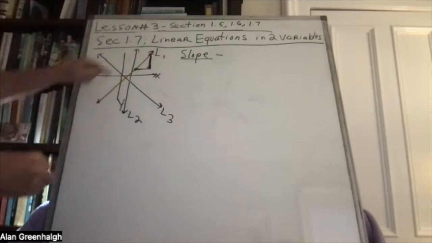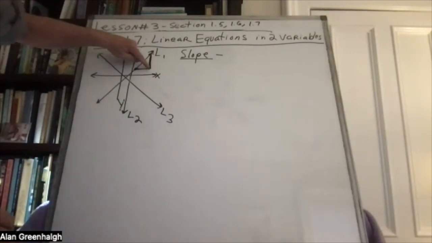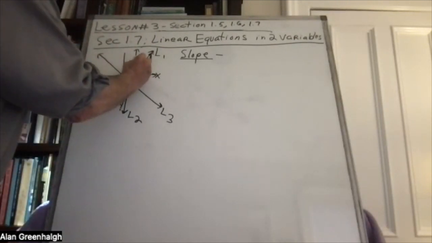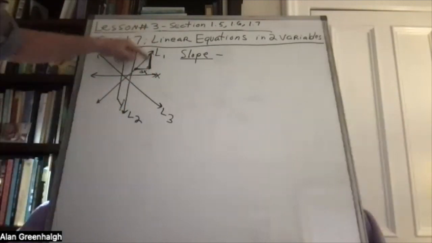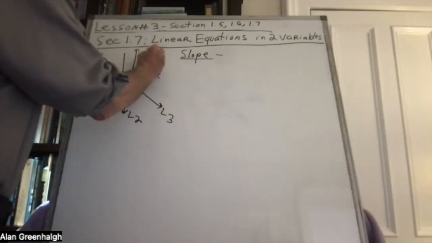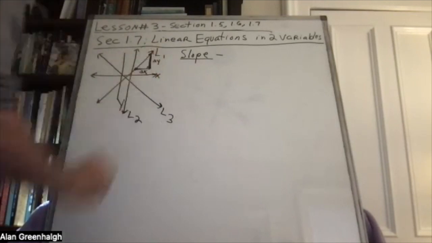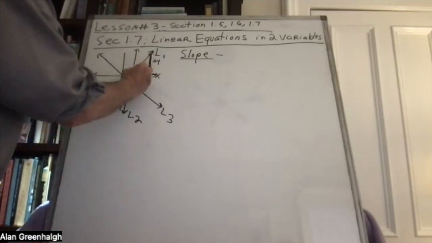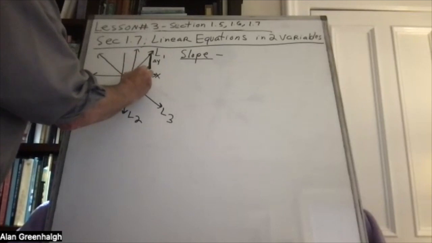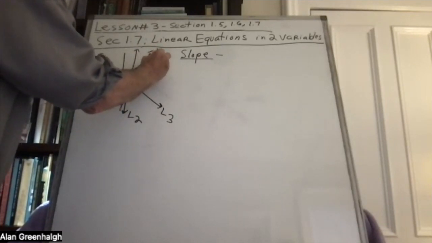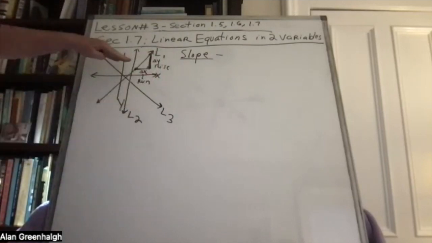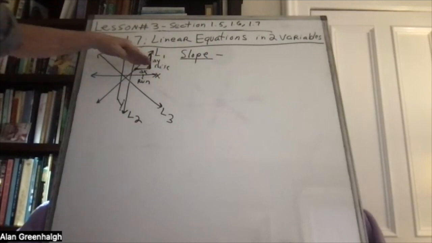We need to know how far we go in the X direction, and that's called delta X. And how far we go in the Y direction, that's called delta Y. Delta X is sometimes referred to as the run, and delta Y is referred to as the rise. You can see why it says that. Rise means to go up, run means to go along level ground.